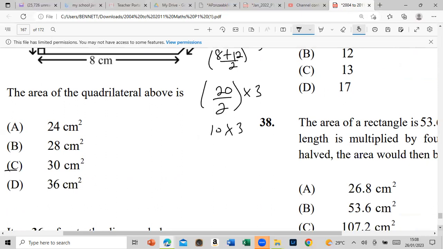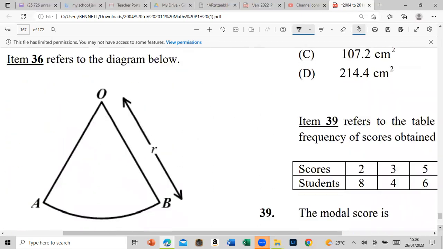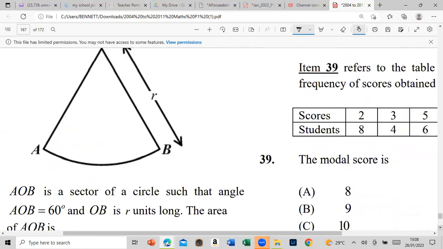Alright, let's move on to 36. Item 36 refers to the diagram below. AOB is a sector of a circle such that angle AOB is 60 degrees and OB is r units long. The area of the sector is 60 over 360 times pi r squared.